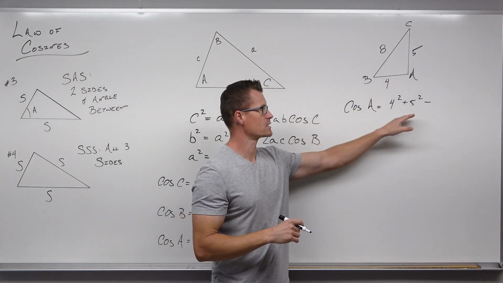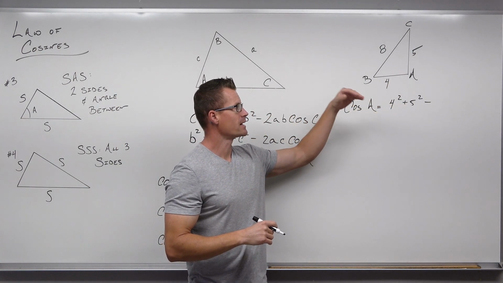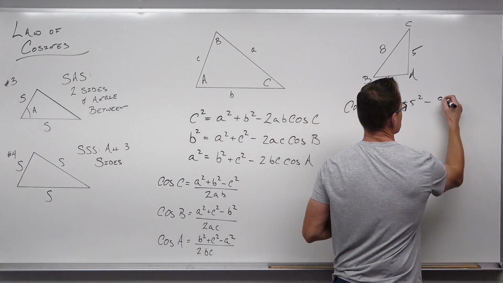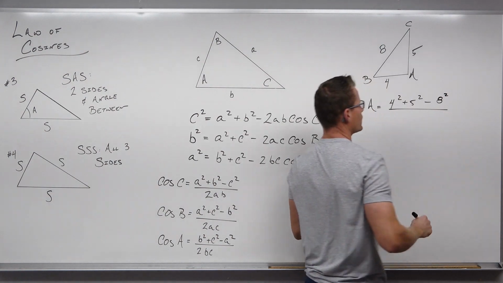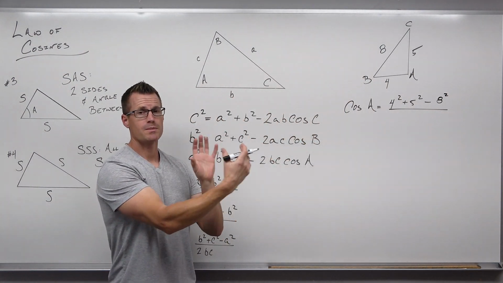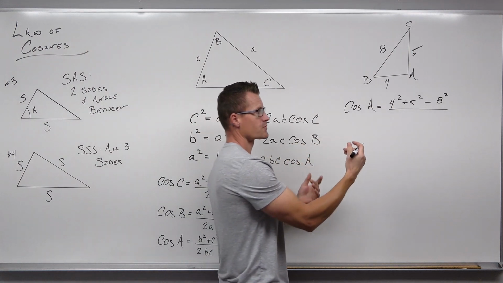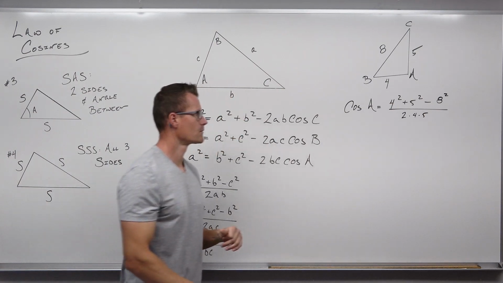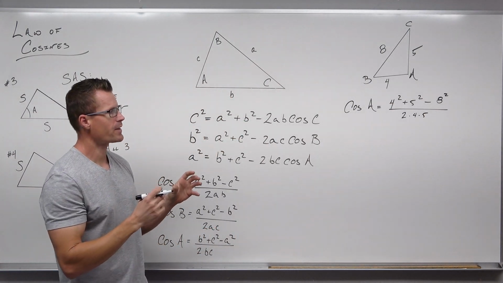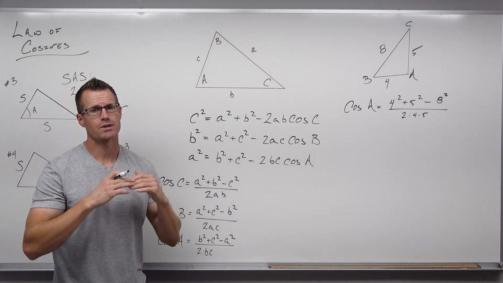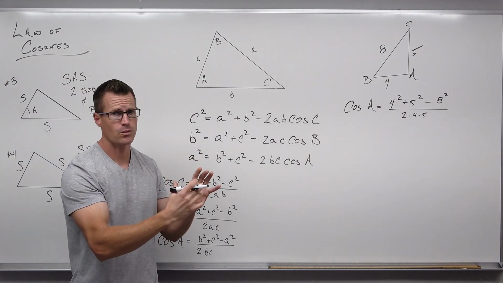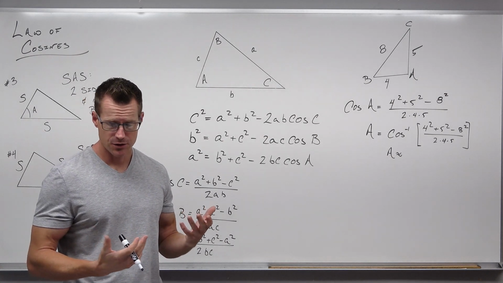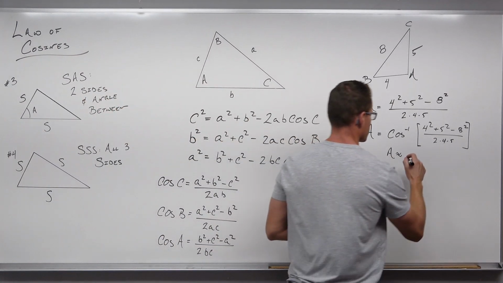So the sides adjacent squared and added, minus the square of the side opposite to A, over 2 times the product of the adjacent sides. It's 2 times 4 times 5. So we can simplify all that if we want to. We can also just use our calculator, take cosine inverse, and plug it in at one time. And we're going to get about 125.1 degrees.